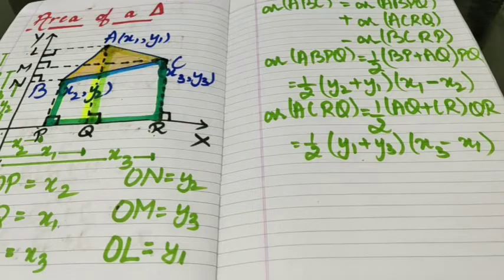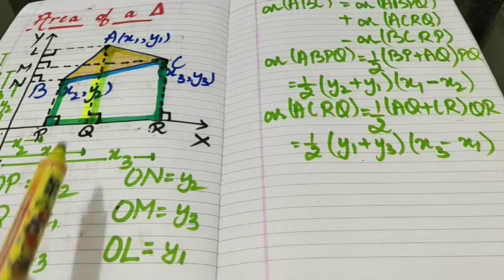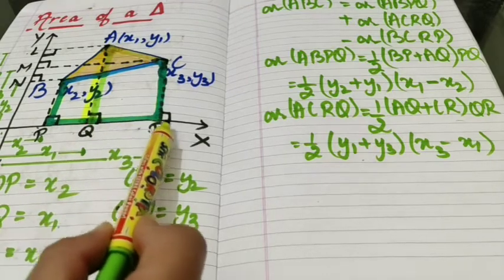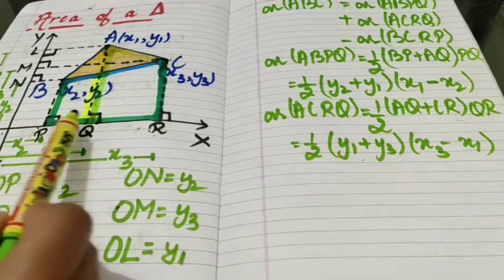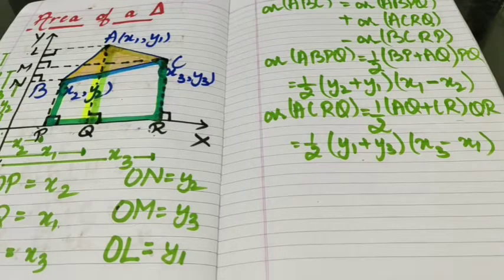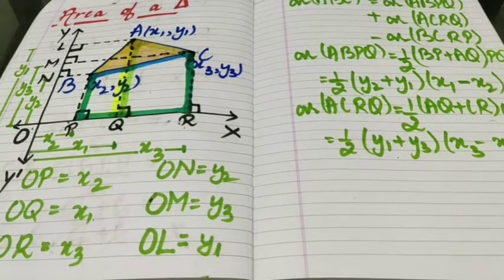In the same way, CR is y3. And here the value of QR equals OR minus OQ, which becomes x3 minus x1.